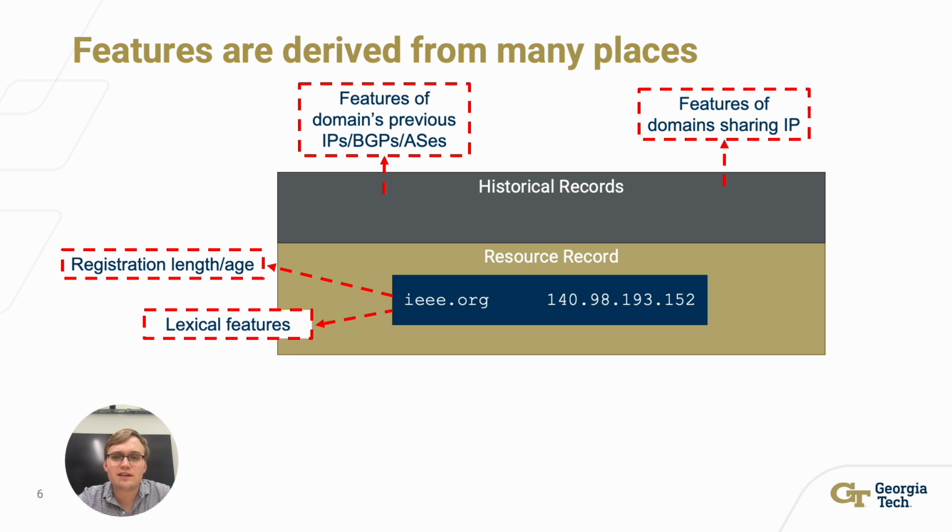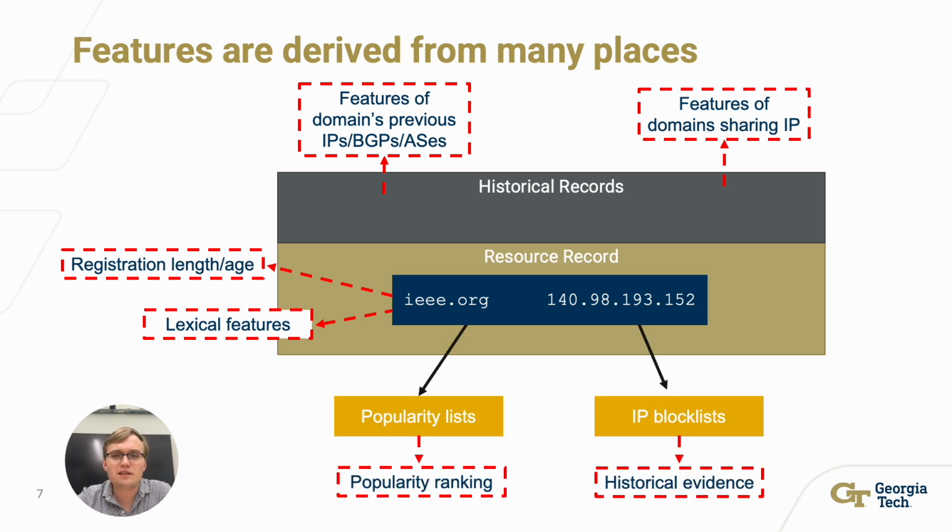We're also interested in the network infrastructure and the related domains when we're classifying a particular domain. To do this, we use historical DNS data as well as current DNS resolutions to find features that are associated with the domain's IP address and its historic IP addresses, as well as its autonomous systems and BGP prefixes. We also use these networks to pivot on the domain and find features of the other domains that share that IP address.